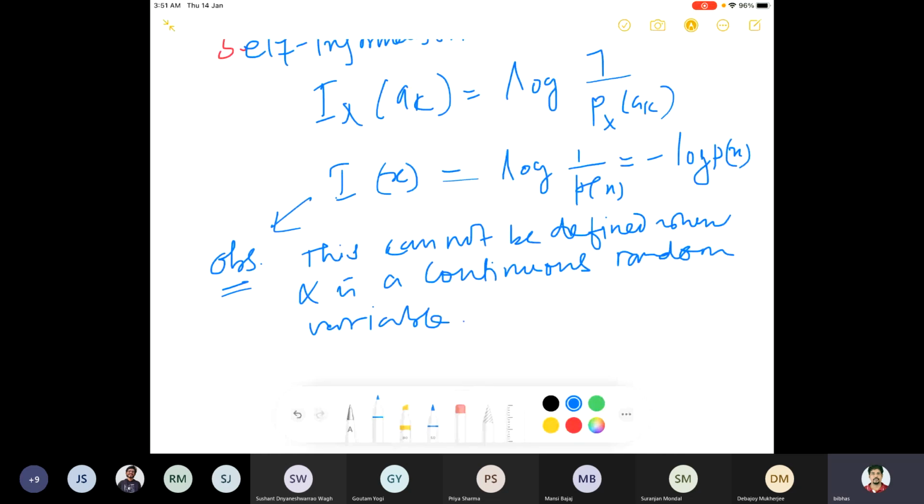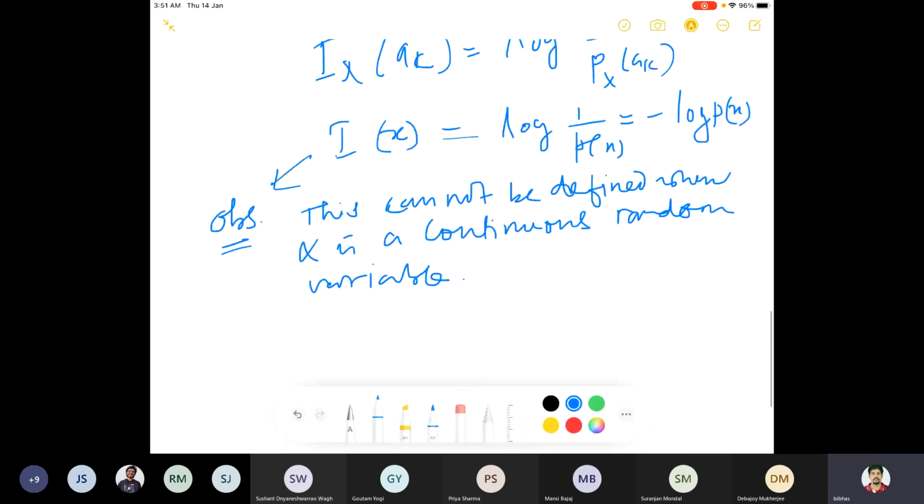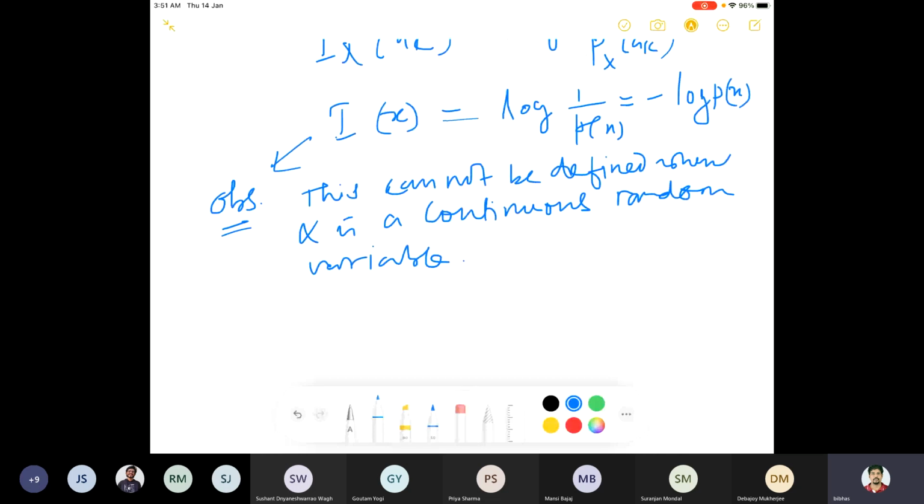Okay, so this is what we mean by self information, and you can see that there are different books with different motivations. Some people will say that this is the amount of surprise. Now here, if the probability p(x) is less, then uncertainty is more. Because log is an increasing function, if the probability is more, then uncertainty is less, which is intuitively correct.